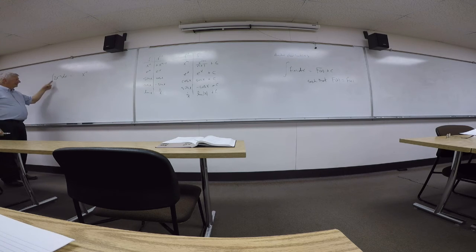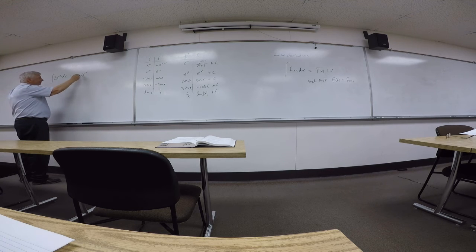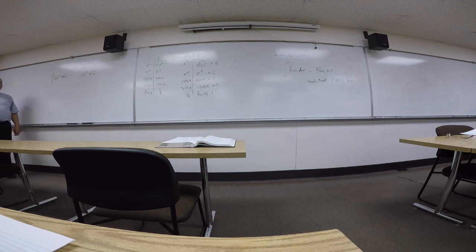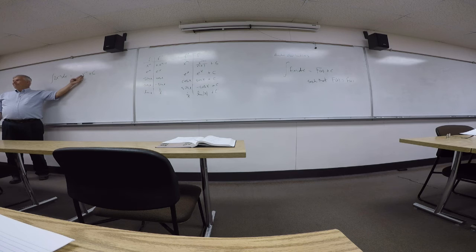Negative 2 divided into 2. To check, take the derivative. Negative 2 times negative is positive 2. 1 less than negative 2 is negative 3.